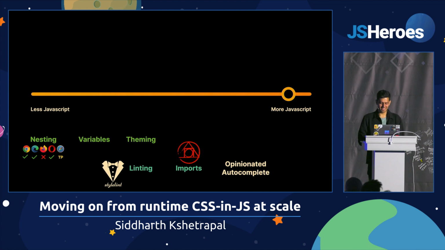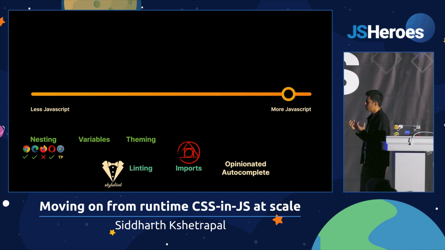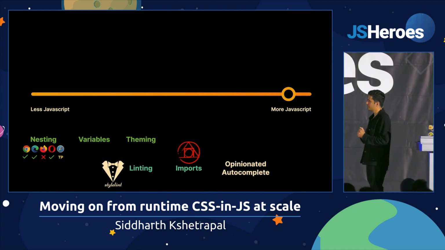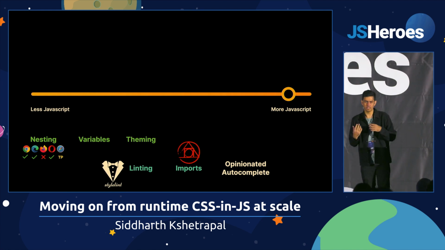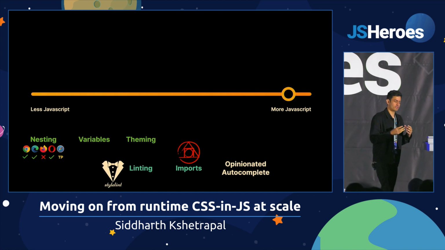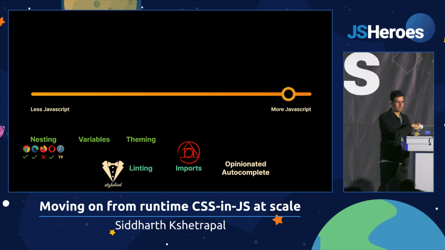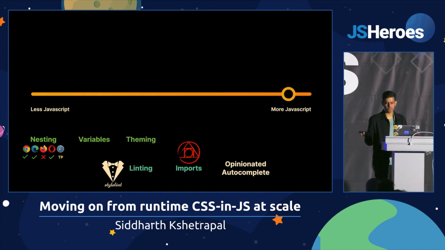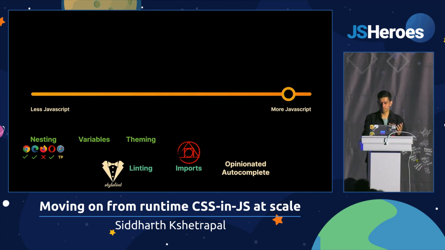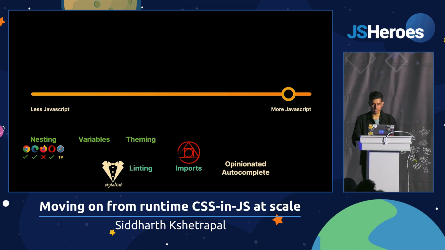And then linting and imports, we've kind of got more CSS native tooling for them. So StyleLint, probably built in JavaScript, but really focuses on CSS. So we're not using something like ESLint or TypeScript to lint our code. We're using something built for the CSS compiler. Similar to PostCSS, you don't need to use JavaScript or Webpack for imports. You could actually rely a lot on PostCSS. So we could actually do with a lot less JavaScript.